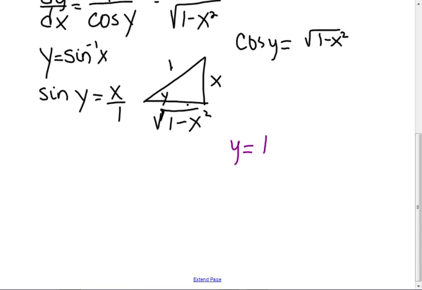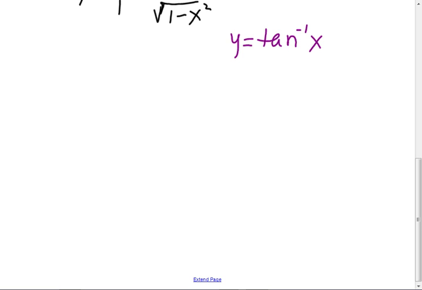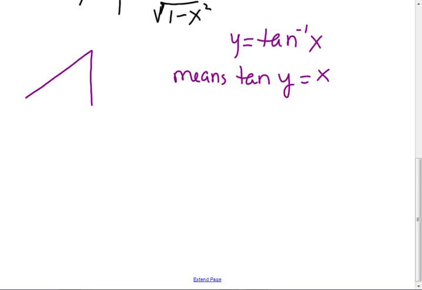Y equals inverse tangent of x. So what does that mean? This means that the tangent of my angle is equal to x, right? What does that mean in my picture? When you are given an inverse trig, you're given an angle.